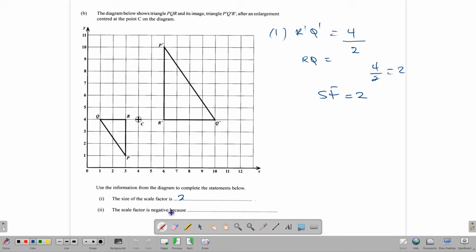The scale factor is negative because the image is on the opposite side of the center. And the center here was 4, 4. And that is how we answer that question.